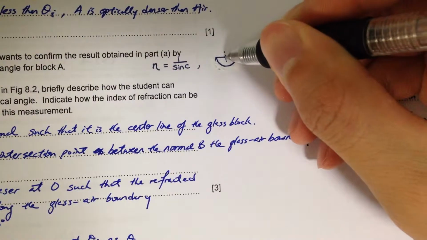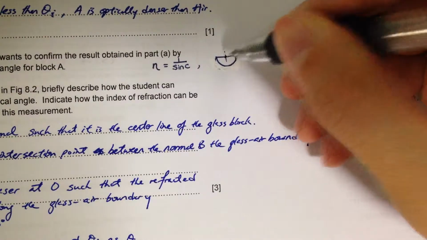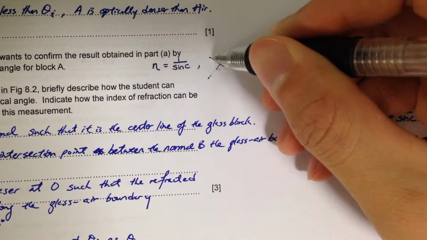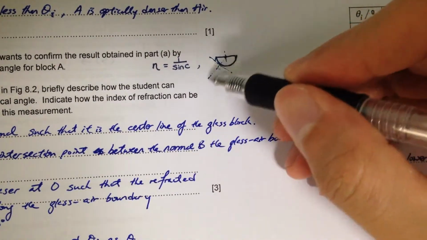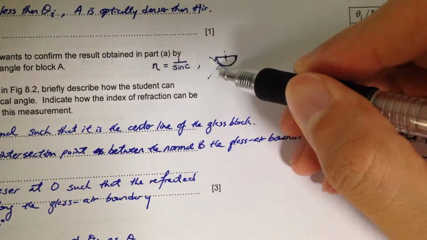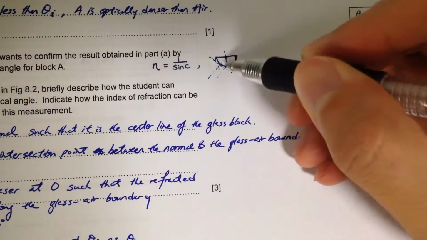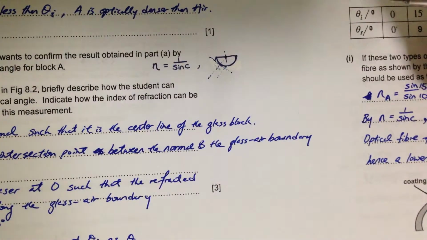Why must you shine the light ray at the center of this semicircle? Because if you shine the light ray towards the center, it is going to be perpendicular to your tangent, and so the initial ray will not get bent. If you shine it somewhere here, it has a certain angle i, and your light ray will get refracted inside the glass block.